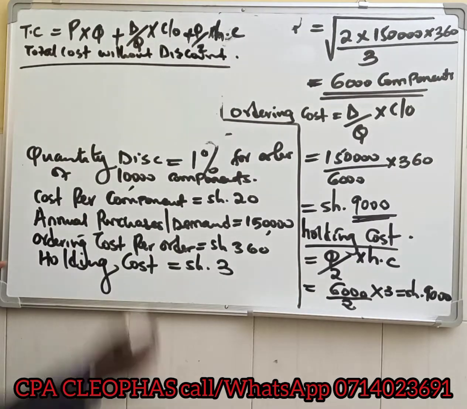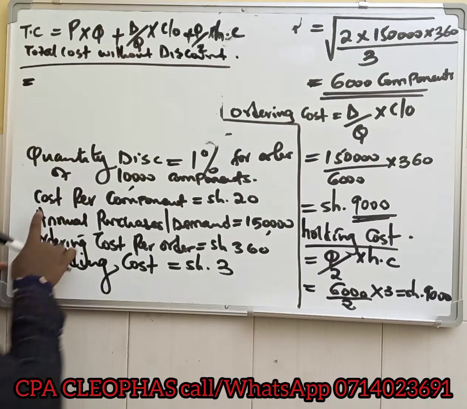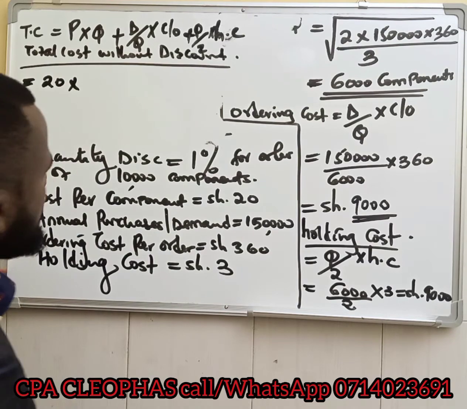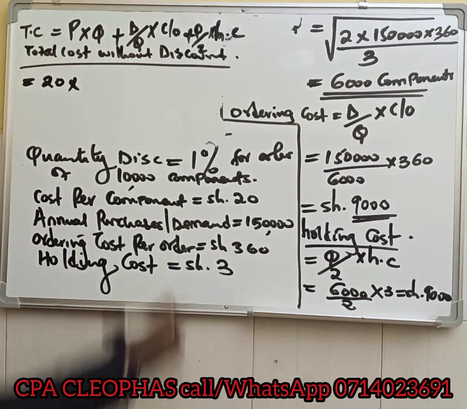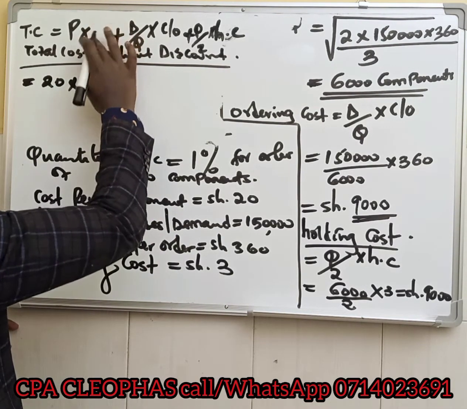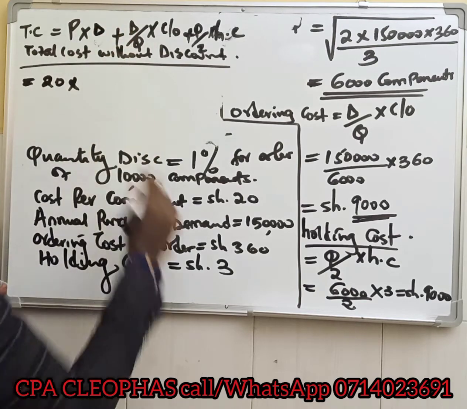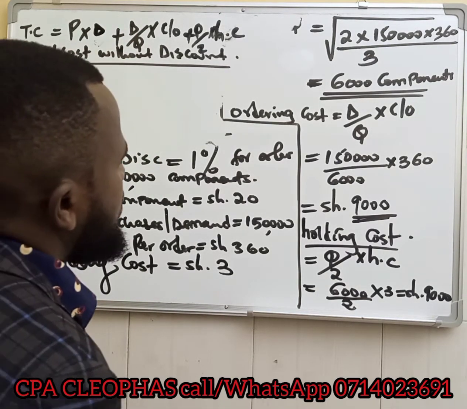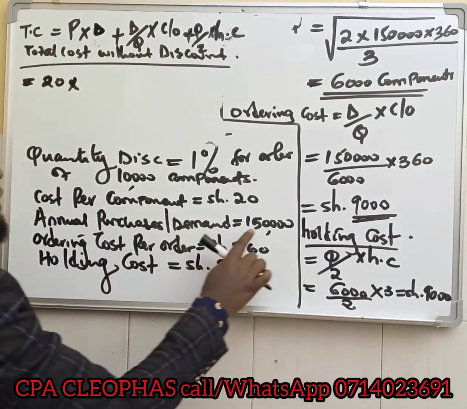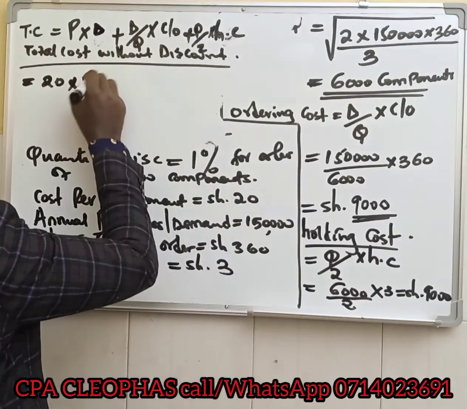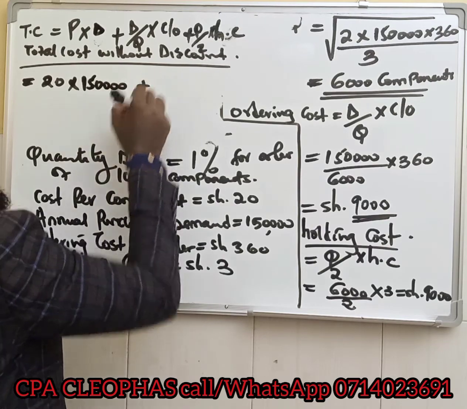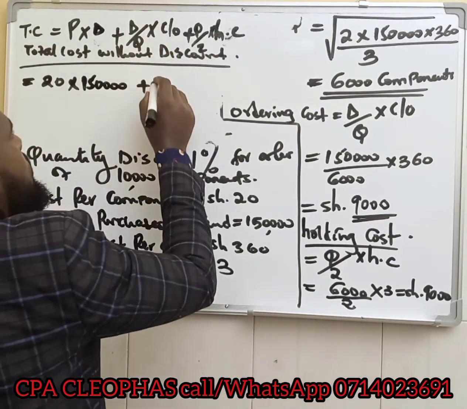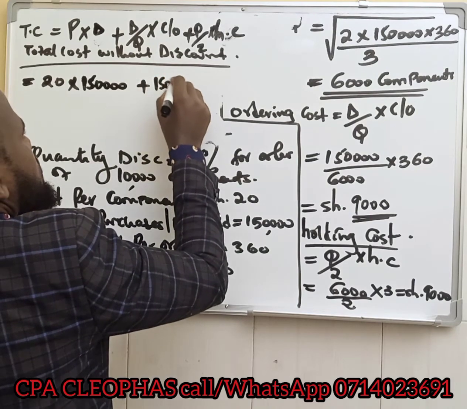Now, let's get total cost without discount. The purchase cost per unit, per component, is 20, so we have 20 times D, the annual demand, which is 150,000.